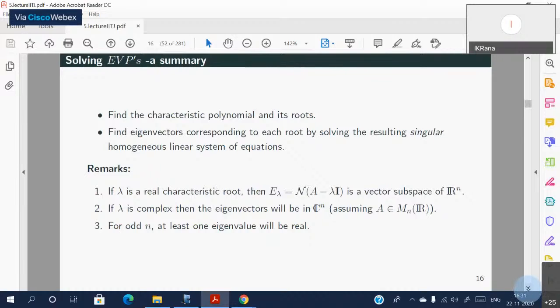So how do you find the eigenvalues? Look at the characteristic polynomial, find its roots. That is a problem. And for each eigenvalue, to find the eigenvector, we have to solve the equation.